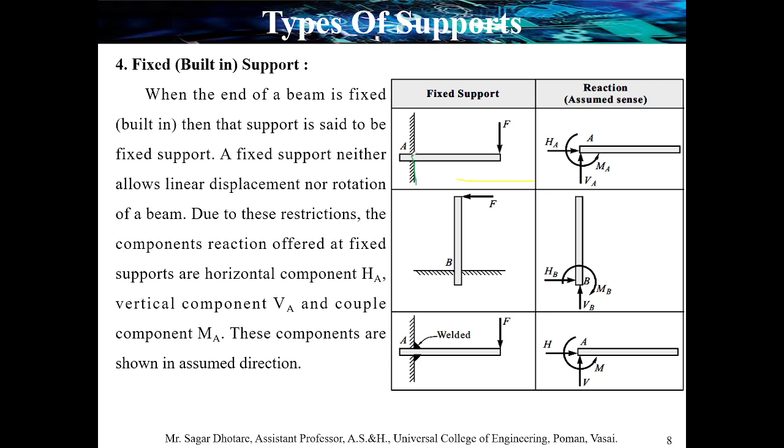First, the horizontal and vertical component, which is the reaction at an angle theta. Then it is not able to rotate, so that's why a moment is acting. So there are three forces.